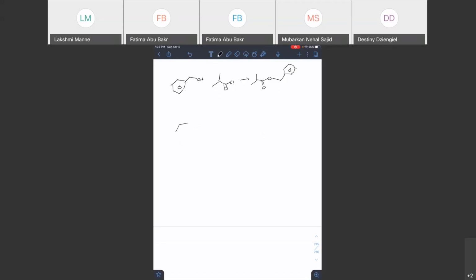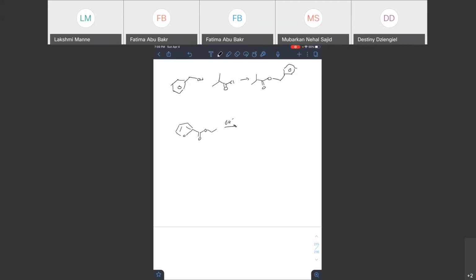So here we're reacting this with OH minus. And OH minus, as you'll remember, is a way to hydrolyze something. Hydrolyze means to turn it back into a carboxylic acid or the base version of a carboxylic acid, so the conjugate base of the carboxylic acid.